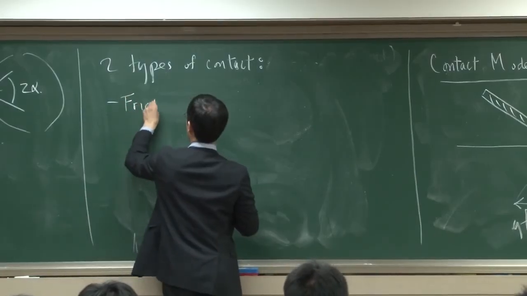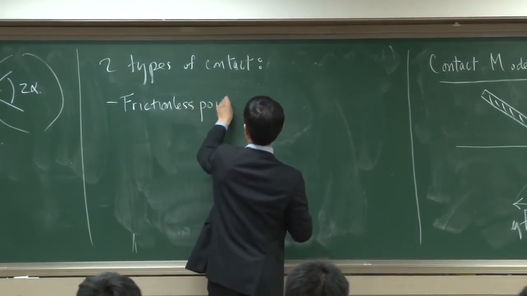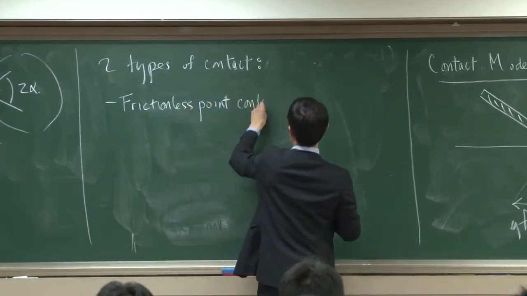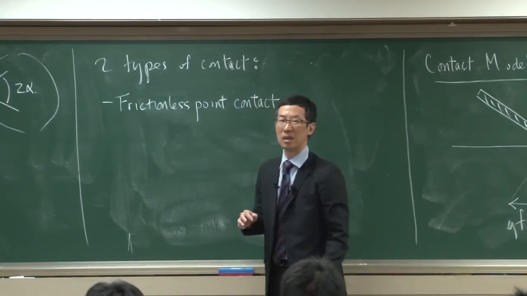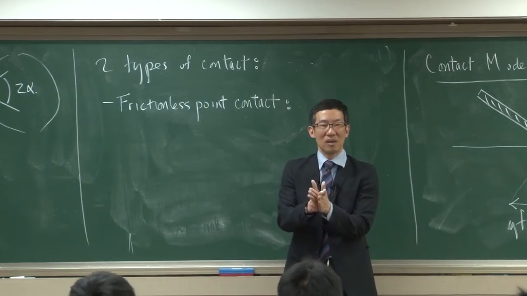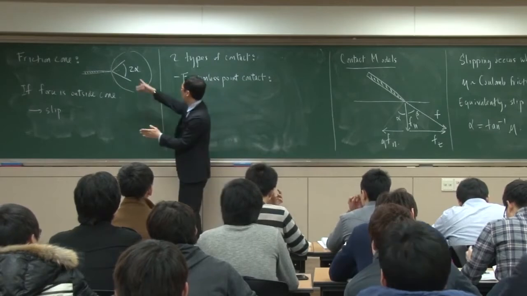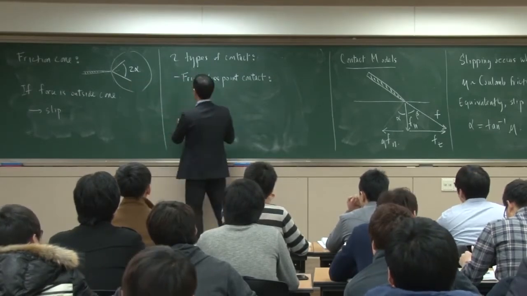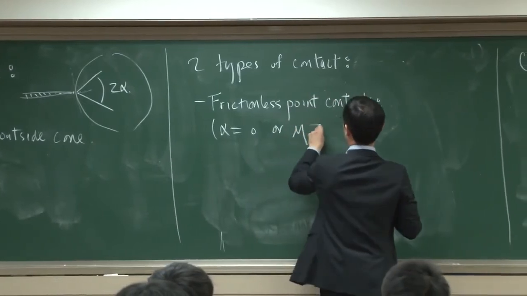Here the friction cone angle is 0, so alpha equals 0, or equivalently mu equals 0.